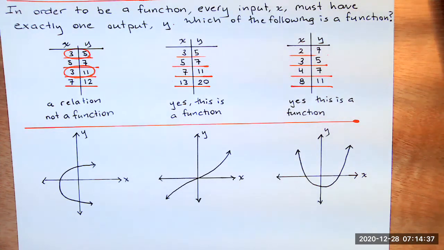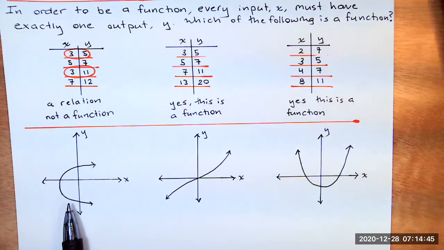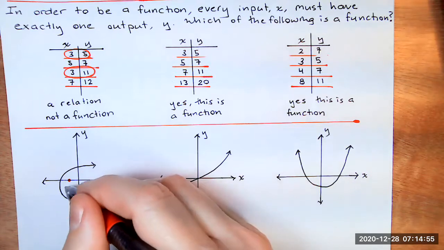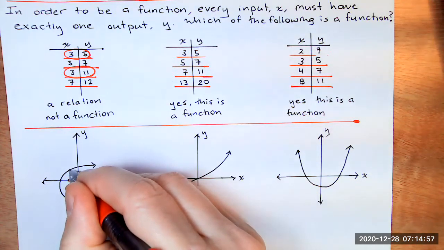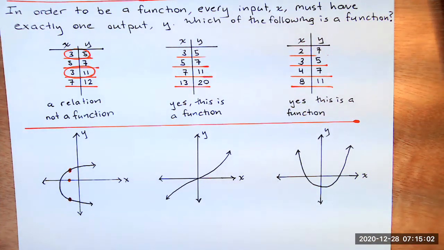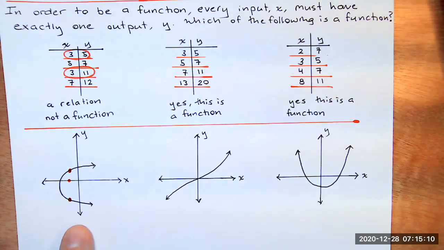Let's take a look at these three relations and ask ourselves which of these is a function. So for the first one, does every x have exactly one y? Well, let's look at this value of x. Sometimes this is the y value, and sometimes this is the y value. So if you guessed that this is not a function, you guessed correctly.